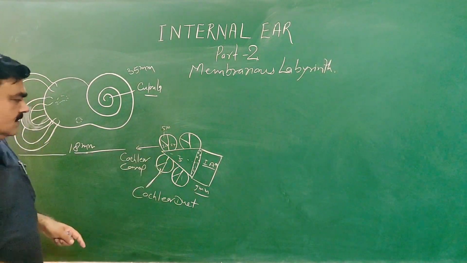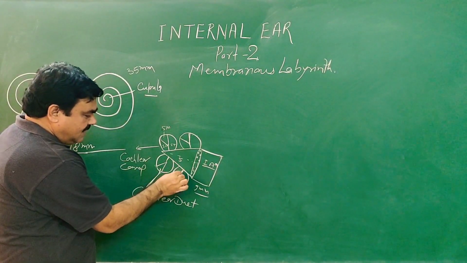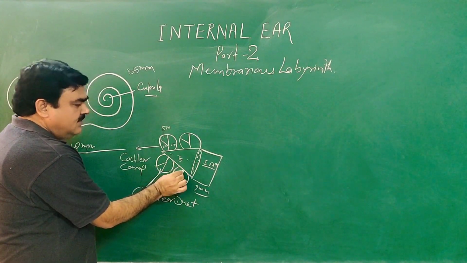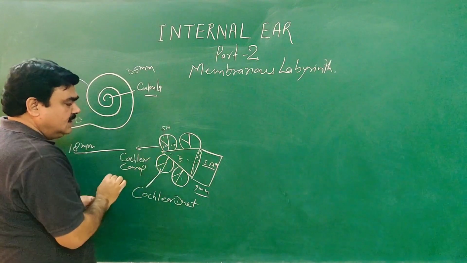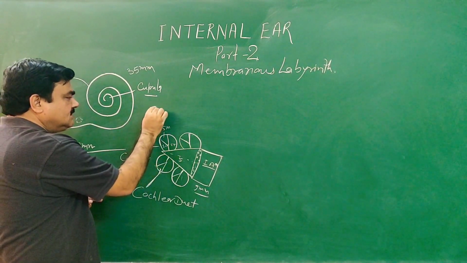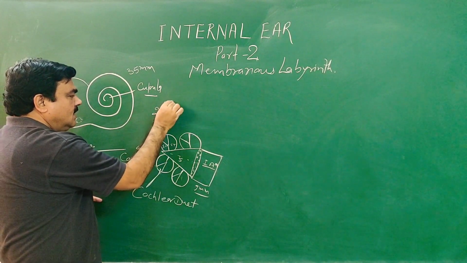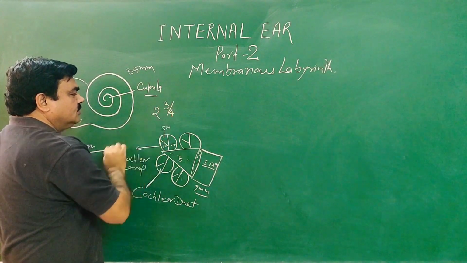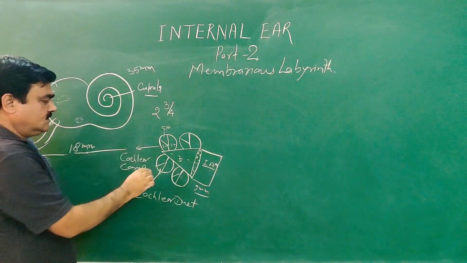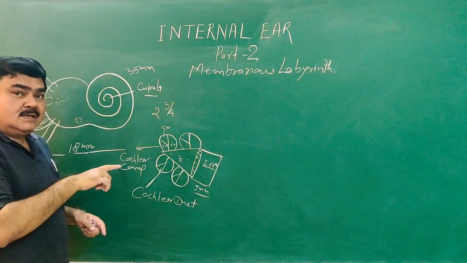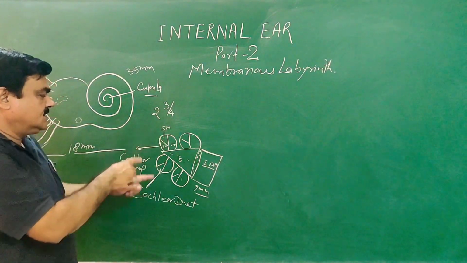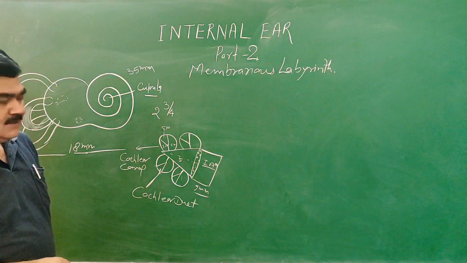And here you can see, this is the spiral lamina, this is the modiolus, this is the spiral lamina, and this is the cochlear canal. The cochlear canal makes about 2 and 3/4 turns around the modiolus.